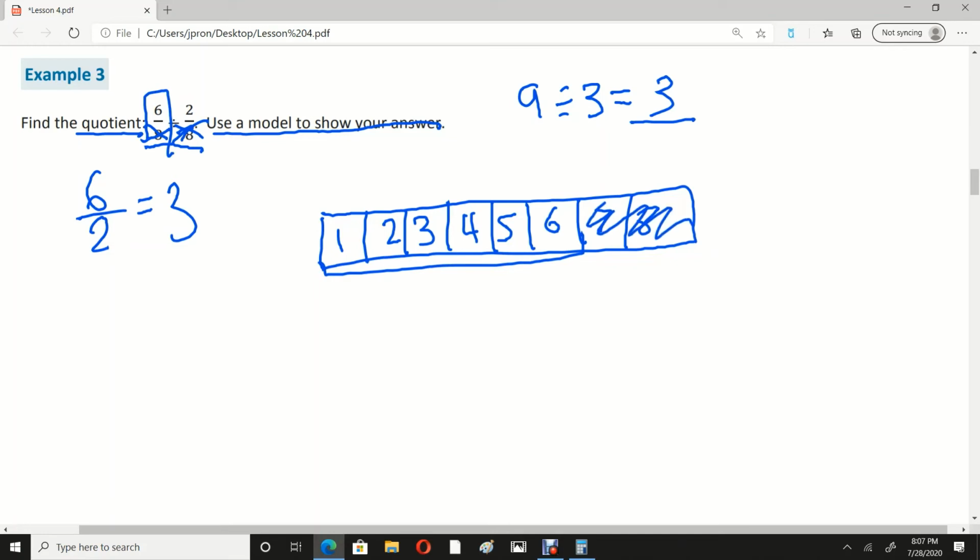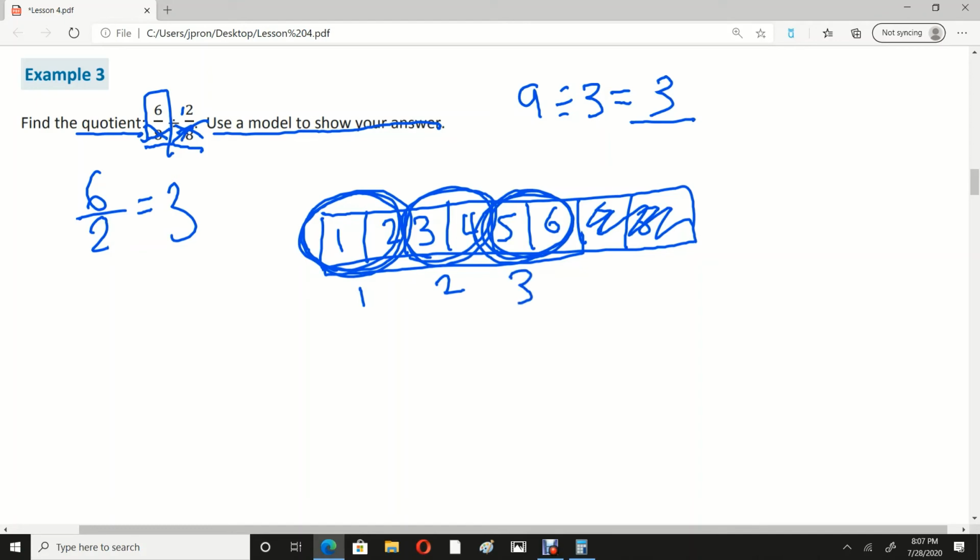So we have 6/8, and we want to break those into groups of 2/8. Well, let's start circling them. We have 2/8 right here, then we have 2/8 right here, and 2/8 right here. So how many groups of 2/8 do we have? We have 1, 2, 3 groups of 2/8.